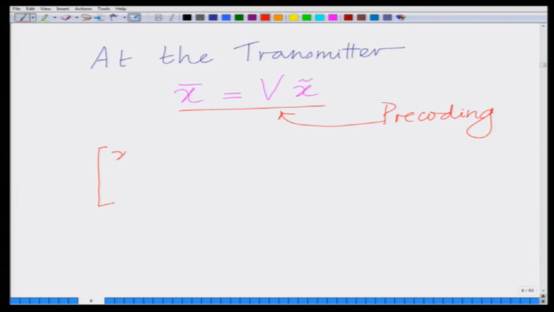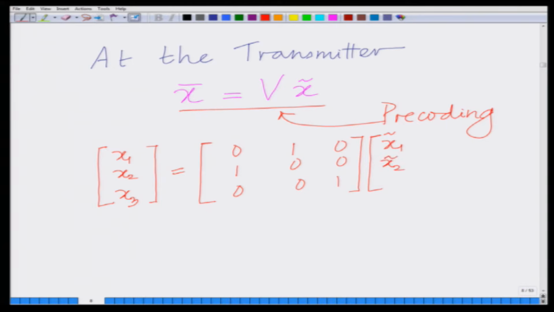Therefore, I have x1, x2, x3 equal to V, which is [0, 1, 0; 1, 0, 0; 0, 0, 1], times x1 tilde, x2 tilde, x3 tilde.